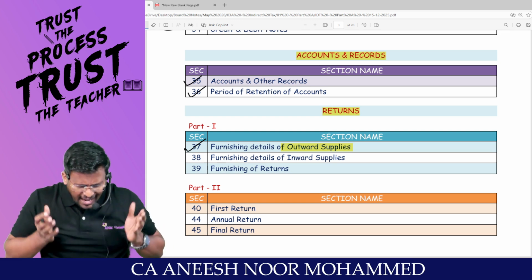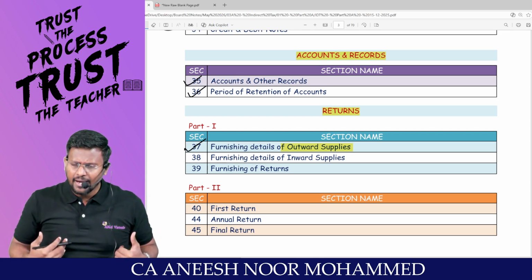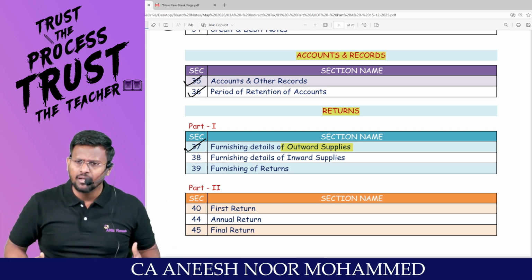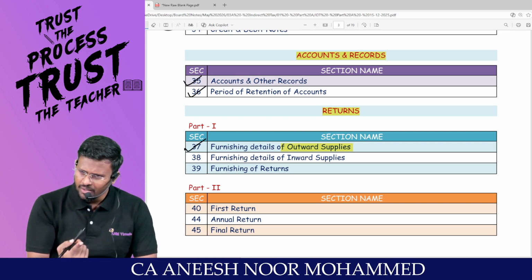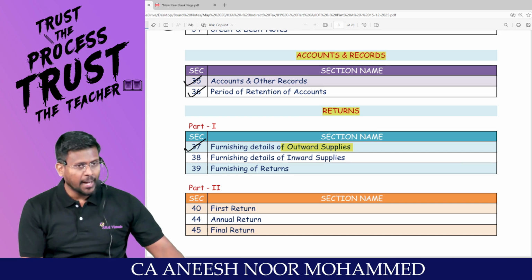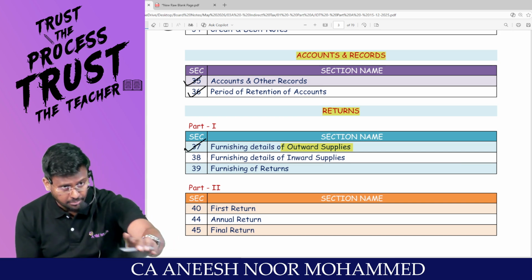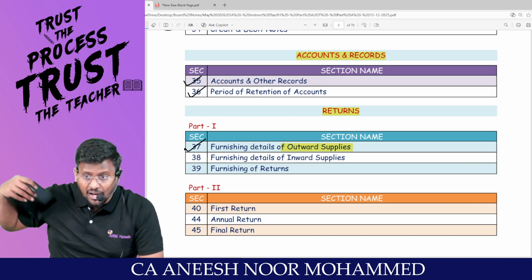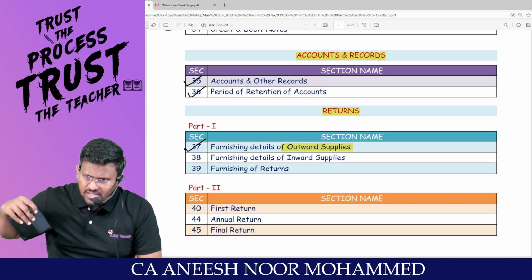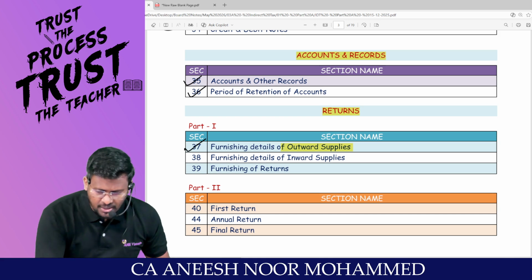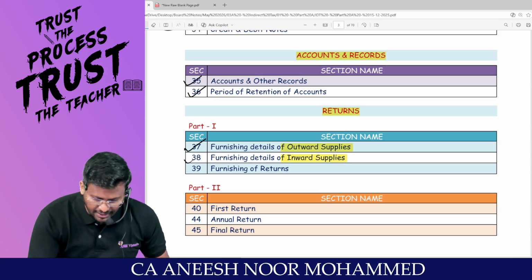So think from the angle of A&M. Sir, it is my outward supply. Sir, my outward supply is your inward supply. Sir, I am selling a calculator to you. That means I would have purchased the calculator, so I also will have inward supply. All my inward supply should be mentioned in section 38.